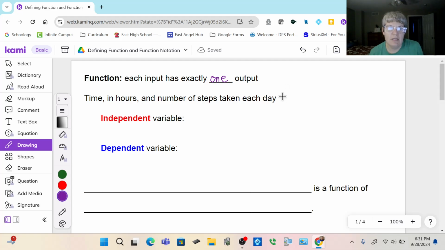Now I have this example here of we have time in hours and the number of steps taken each day. The independent variable is going to be the time in hours.